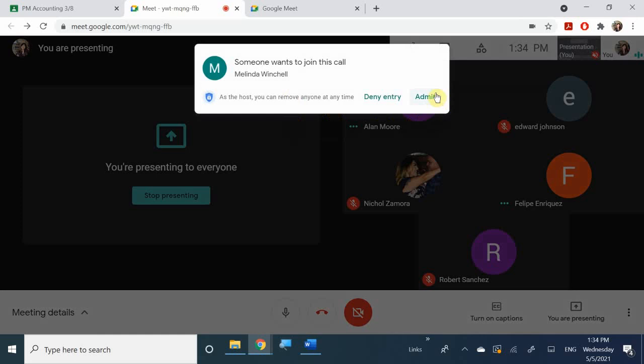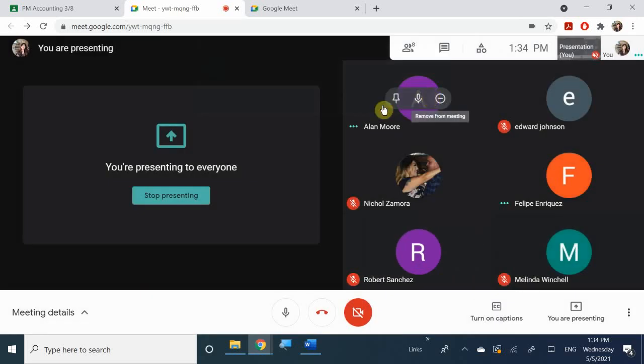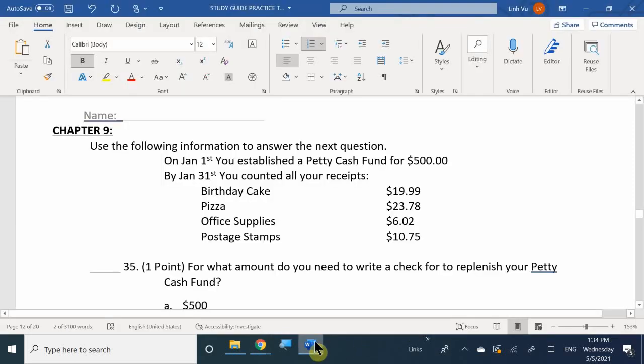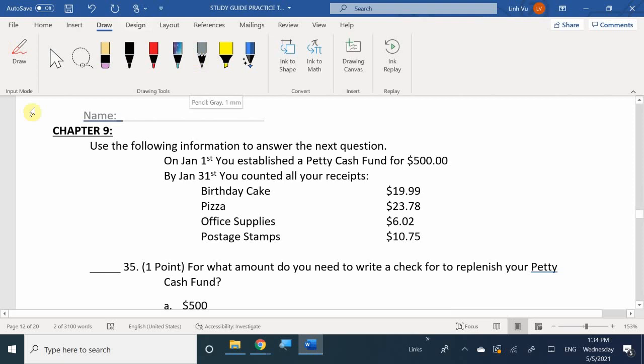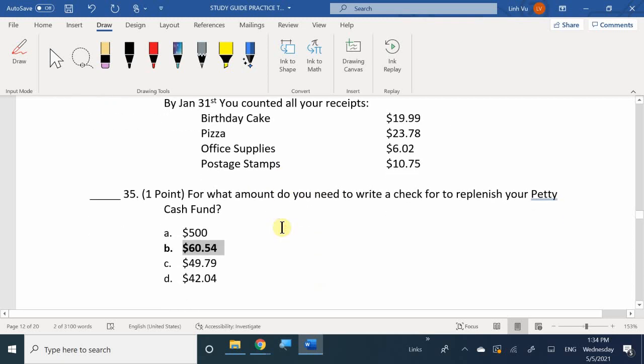It should add up to 500. So that's exactly what we're going to do here. The whole purpose of replenishing the petty cash fund is to put the money back into the petty cash fund. And then at the end, when you make your adjustments, you're going to write off these expenses, okay? And we'll take a look at that next week.